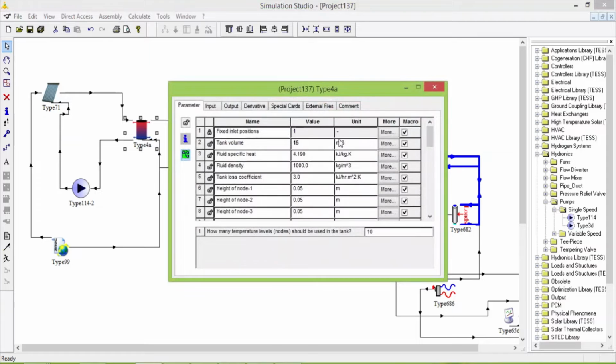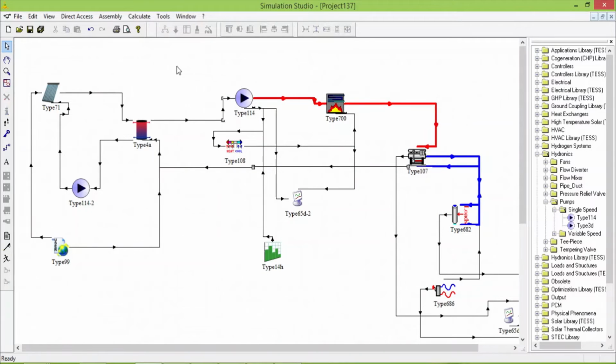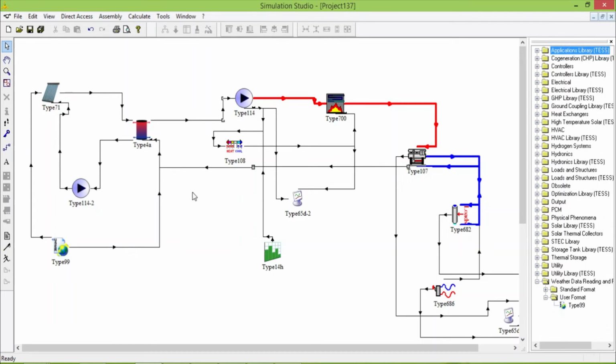Okay, so this one is okay. So I think it's okay now. Yeah, one more thing, or let's just try if it's working or not.